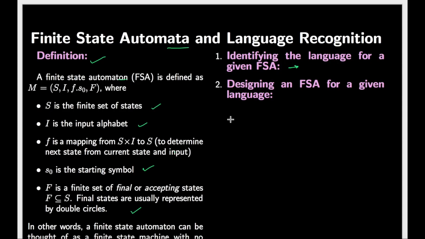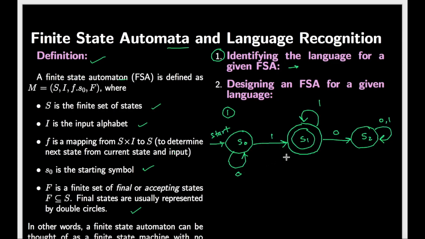Now let us say we have a finite state automaton which looks like this. This is the finite state automaton we have, and we want to see what kind of language it recognizes. So let's write down all the strings which it can accept.